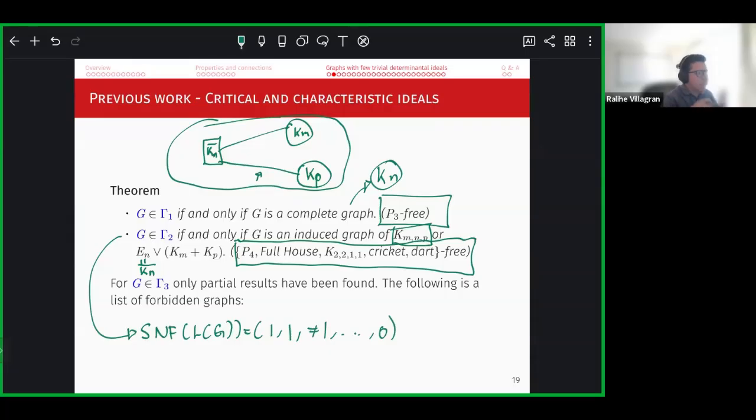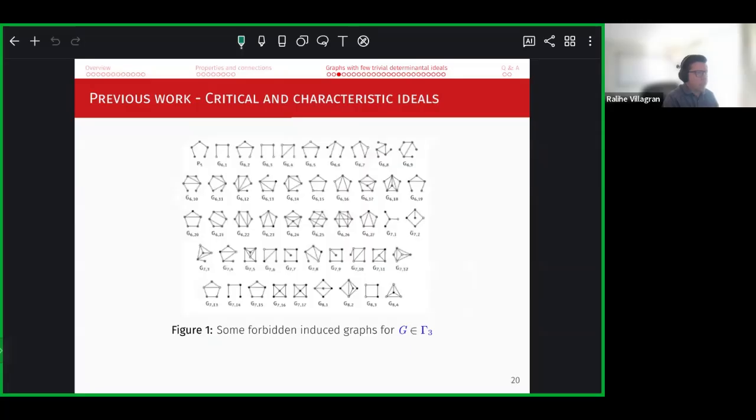And for the set of graphs with at most 3 trivial critical ideals, there are only partial results at this moment. Like for instance, thinking about a specific clique number and things like that. And actually, this is a set of forbidden induced graphs for that family of graphs.